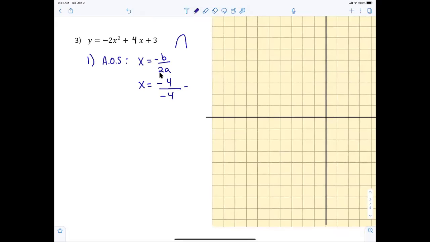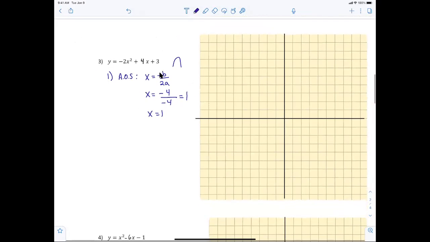So the axis of symmetry is x equals 1. So now everybody go graph x equals 1. This time, x equals 1 is my highlighter right there. Anybody have any issues with that? x equals 1. Anybody?